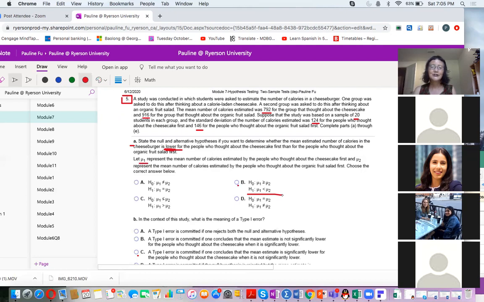Similarly, keywords greater than, more than also apply to H1 perspective. So the correct answer is B. And from this smaller than, we also know this is a left-tailed test. This is the picture of a left-tailed test.